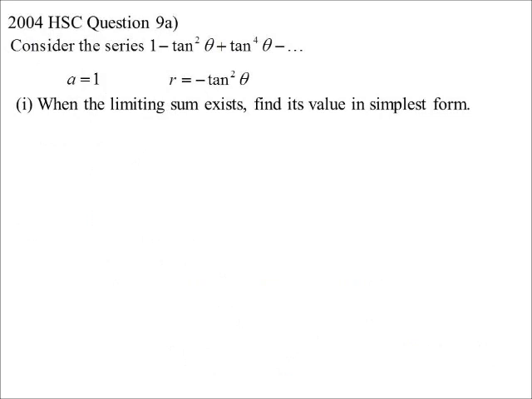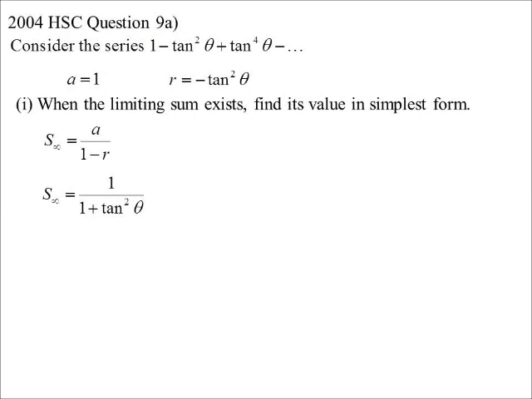And then this one. Consider the series. 1 minus tan squared plus tan to the power of 4. And it's alternating signs as well. Okay, let's consider it. A is 1. The ratio is minus tan squared theta. Okay, so when the limiting sum exists, find its value, because it's not always going to exist for this particular one.